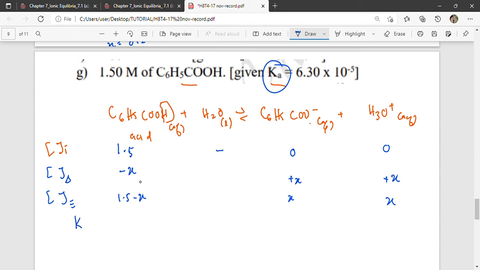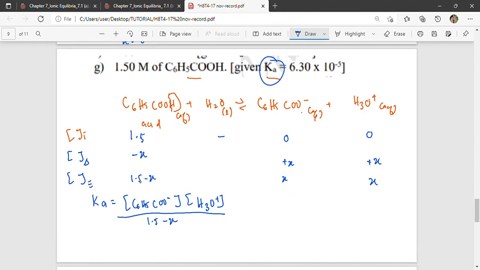You write the expression for Ka. Ka is the concentration of C6H5COO minus times the concentration of H3O plus over, taking the aqueous, 1.5 minus x.